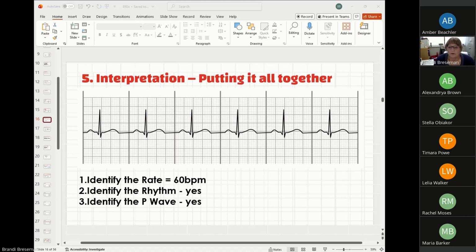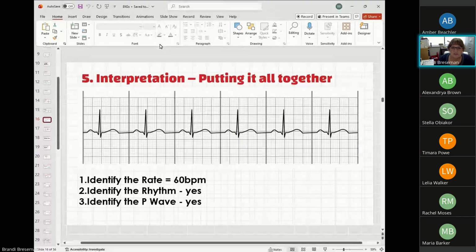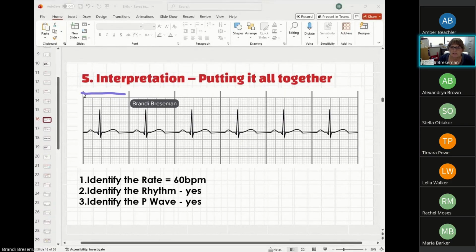So we're going to try and put it all together here. So we have this rhythm strip in front of us. It is a 6-second strip because this is 1 second, this is 2 seconds, this is 3 seconds, 4 seconds, 5 seconds, 6 seconds.